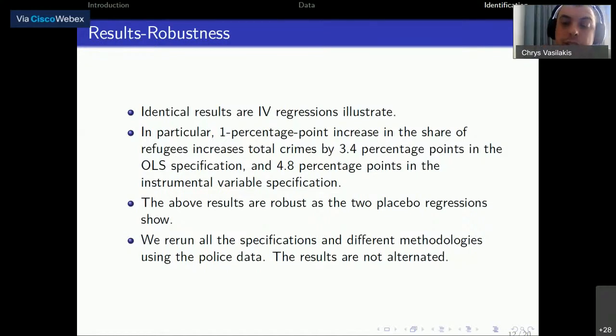All the results that I mentioned to you are robust not only in the placebo regressions, but also when we rerun all the regressions with different specifications and methodologies using the police data.